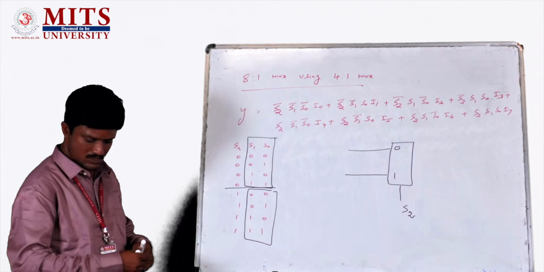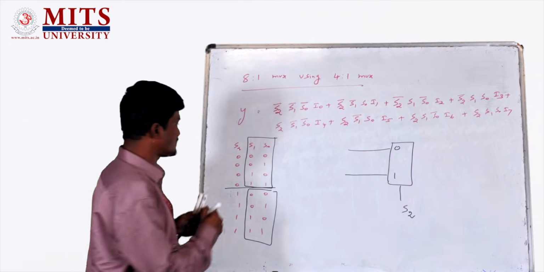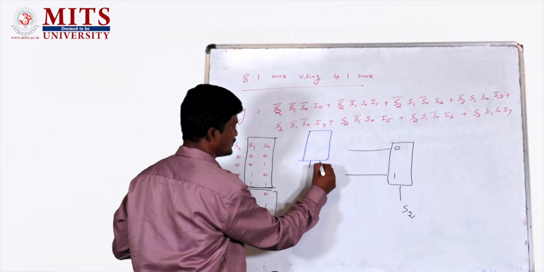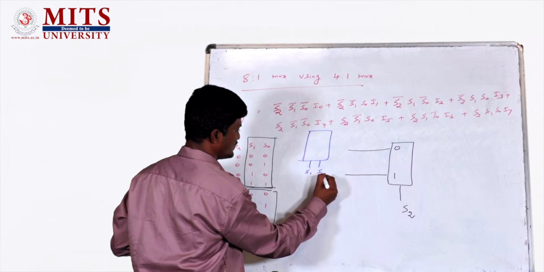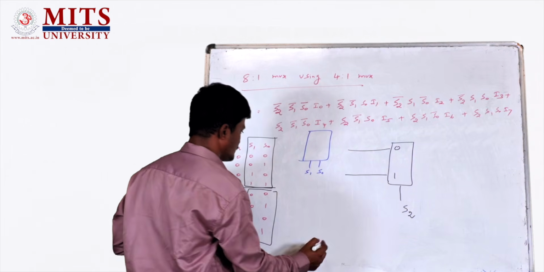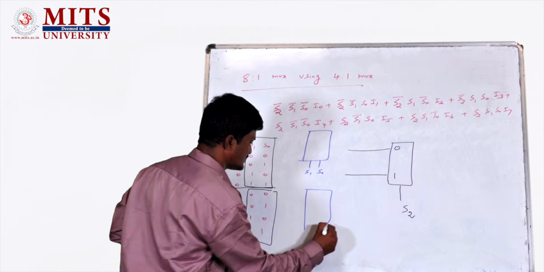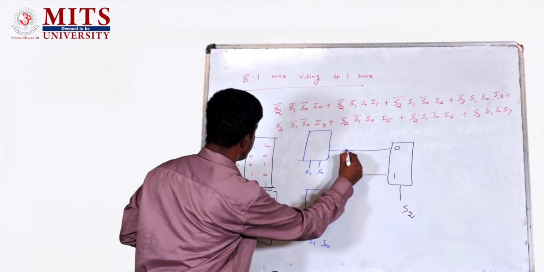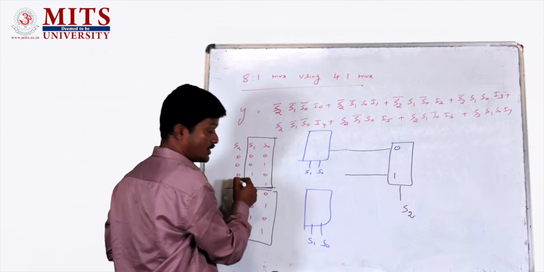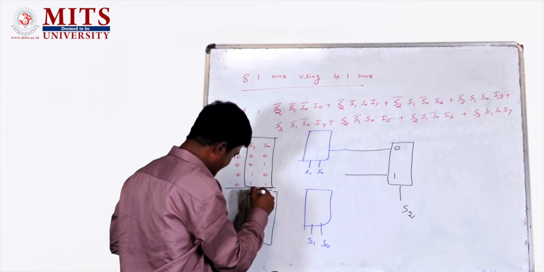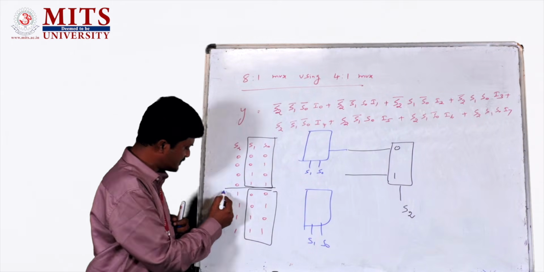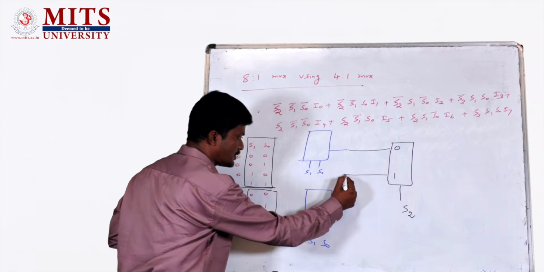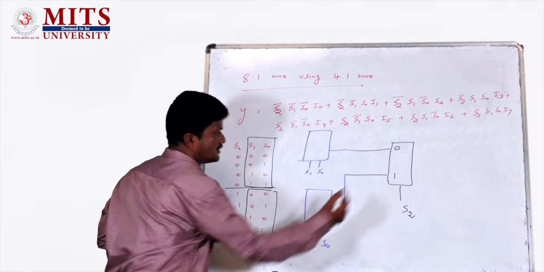So now I am going to represent the first 4:1 mux. The selection lines are 2 selection lines, S1, S0. Similarly for the second, the selection lines are S1, S0. This output we can connect to here because S2 is 0. For the second 4 combinations, min term 4 to min term 7, S2 is 1, so I connect this output to the input.